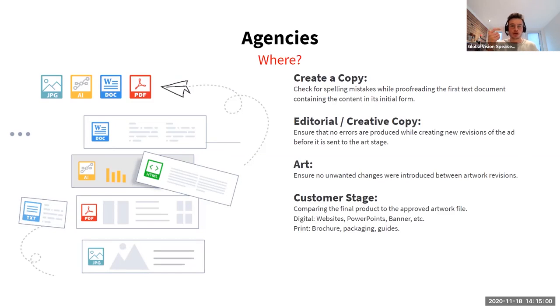So create a copy, editorial, which brings us now to the art stage or the graphic stage or the design stage, which is essentially where we're coming up with the graphs, the images, the logos. And when we're creating these artwork pieces, we want to make sure that they're identical from one revision to the other as well. And then the last stage will be the customer stage.